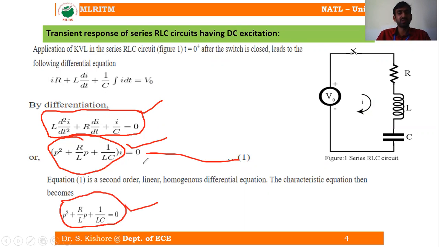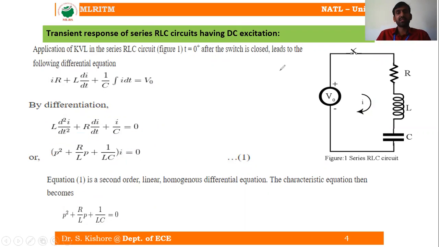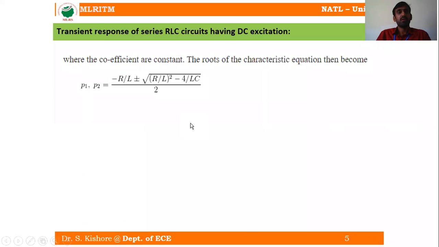Homogeneous linear differential equation. So for a characteristic equation like this, what could be the roots? The roots for the characteristic equation are going to be P1, P2 equal to minus R by L plus or minus square root of R by L whole square minus 4 by LC, divided by 2.